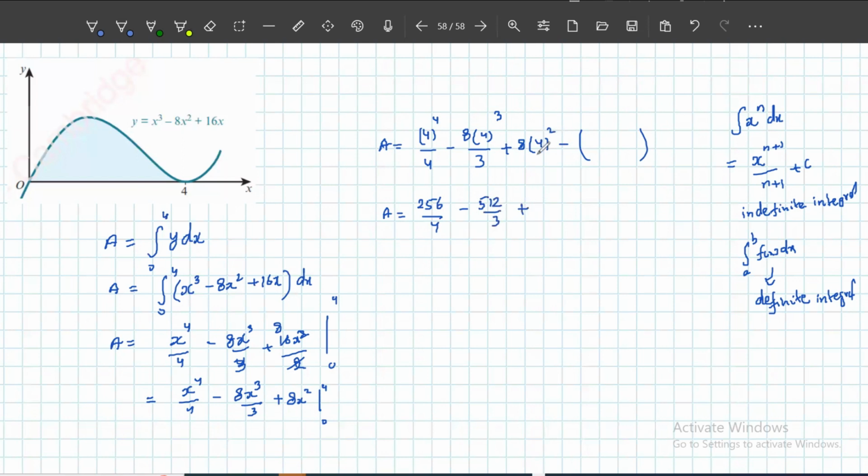And 4 square means 16, multiplied by 8 is 128.